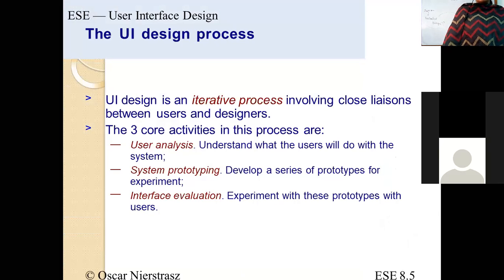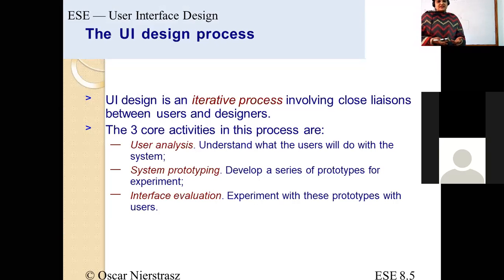This process is an iterative process. It involves a close liaison between the user and the designer. Whenever you are creating any user interface, there should be an interaction, a close liaison between the user and the designer. The three core activities in this process are user analysis, system prototyping, and interface evaluation.